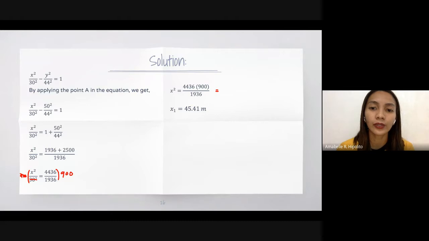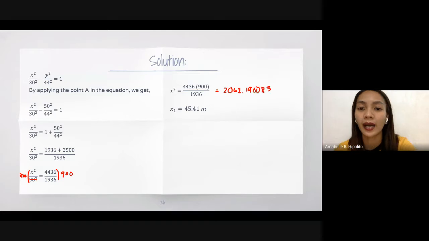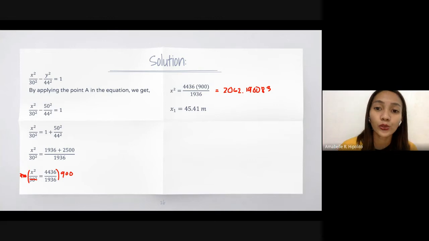If you are going to simplify this, it becomes 2,062.190083. So, that is x squared. Right? X squared is equal to 2,062.190083. So, to find x, we are going to take the square root.